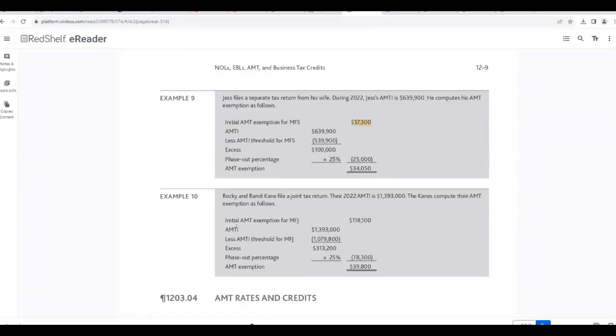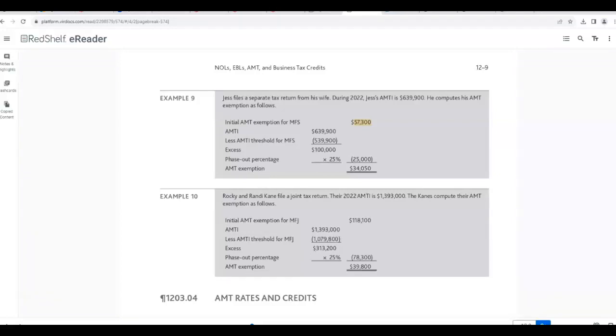It's perfectly fine. This example says your original exemption as married filing jointly for 2022 is 118,100. However, you make a lot of money, $1,393,000. Your threshold is 1,079,800 in 2022, which is perfectly correct here.